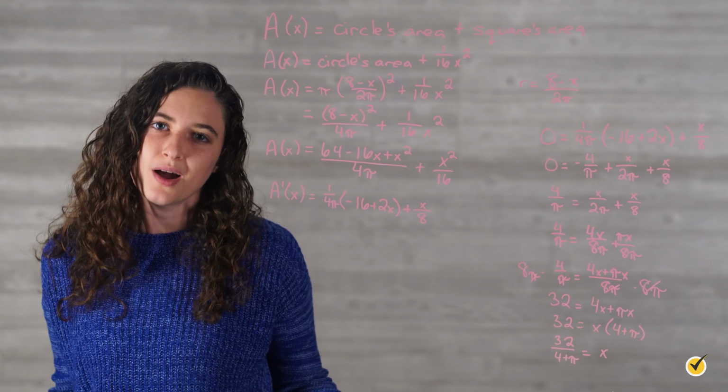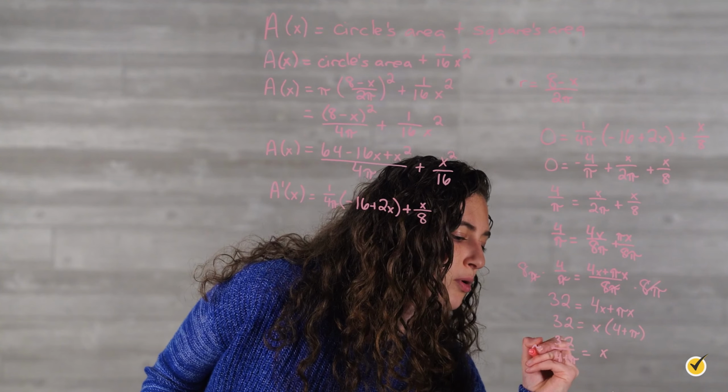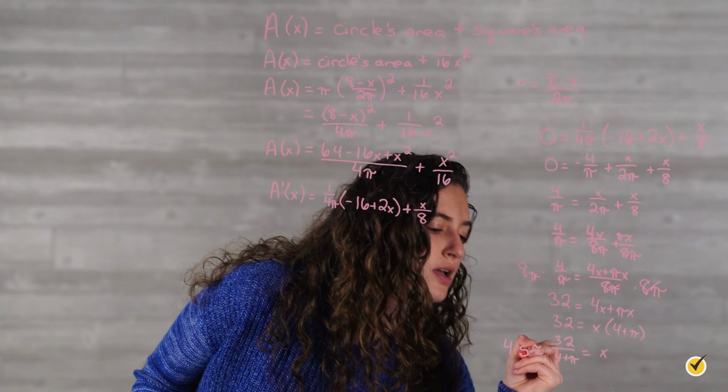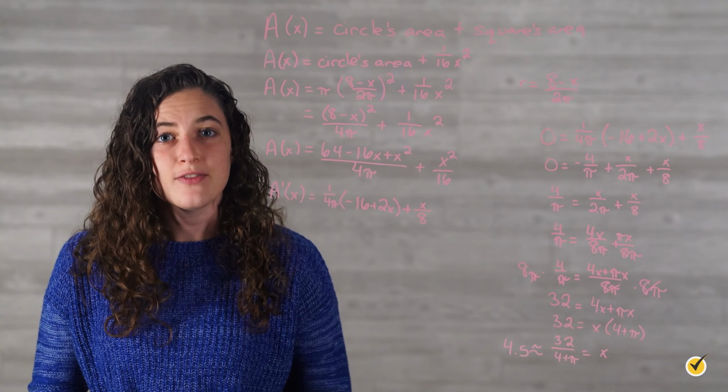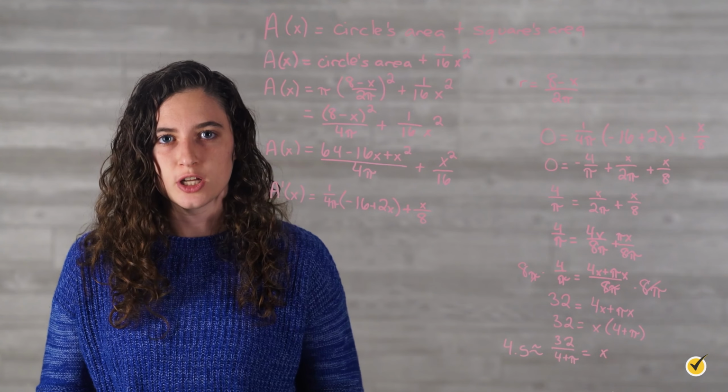So this is approximately equal to 4.5. And x equals 4.5 is a critical point on the area function.